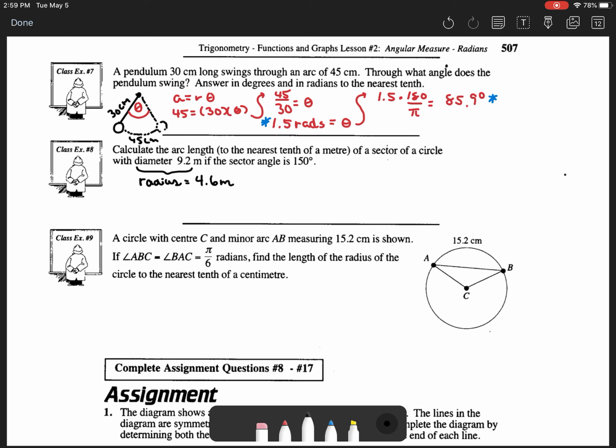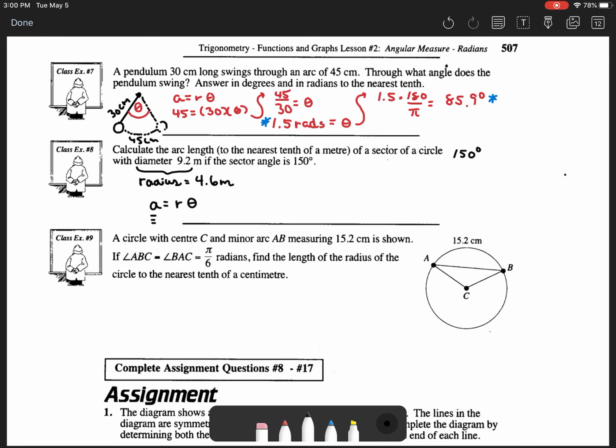That's step one. So I go to my equation now, and I know that A is equal to R times theta, and they want the arc length. So they are after A in this question, which is good. I just need R and theta. I have R, the radius, but theta they give to me in degrees, don't they? I can't put degrees into that equation.